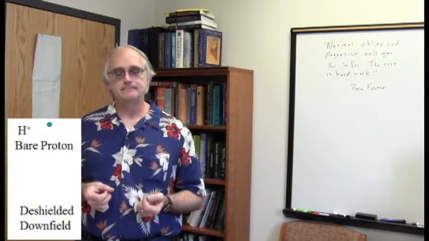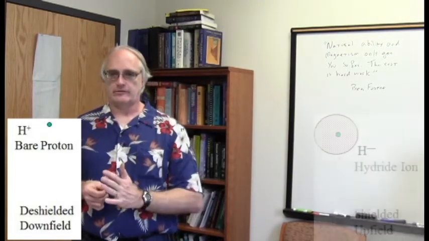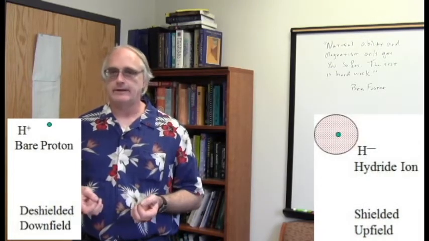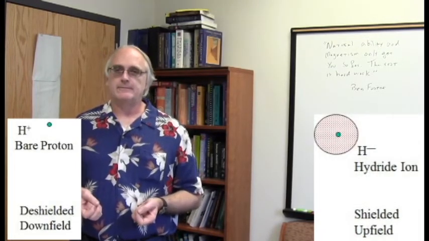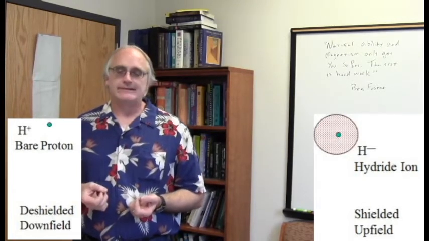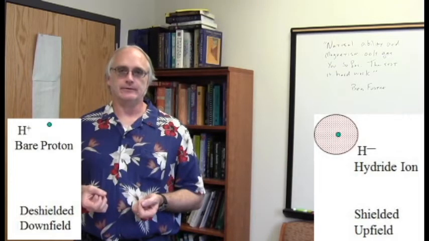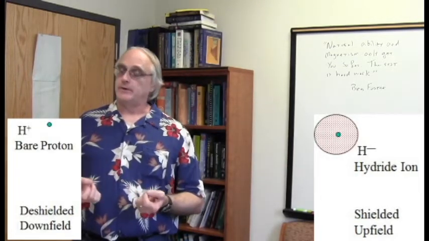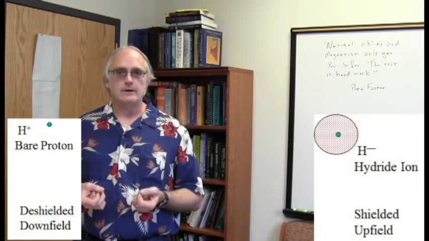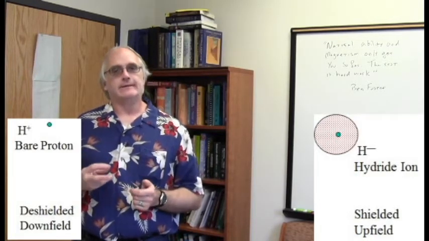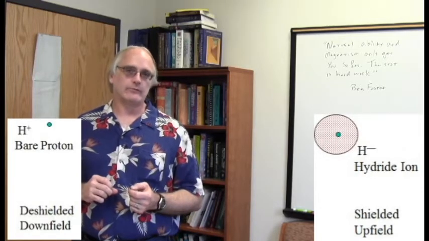with a photon. On the other extreme, however, we have, let's say, hydride ion, H minus. Now, this is a proton, but it has a thick, rich electron cloud around it. This is a fairly shielded nucleus. Now, what it's going to feel is, of course, the big honkin' magnetic field B naught, but it will be modified slightly by the diamagnetism of the electrons surrounding it.